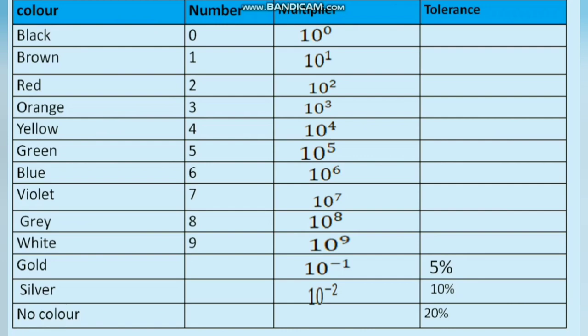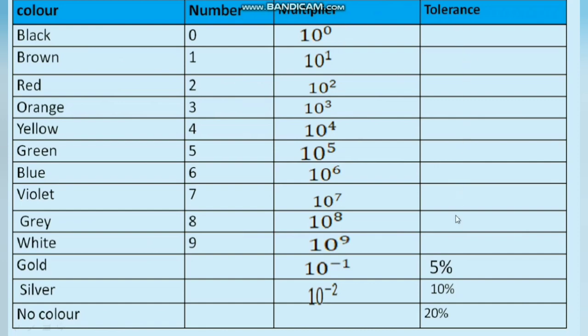Now let us see here. Black is assigned the number 0 and its multiplier is 10 power 0. Brown is assigned the number 1 and its multiplier is 10 power 1. Red is assigned 2, its multiplier is 10 power 2. Every color has its own digit and multiplier, along with the tolerance.